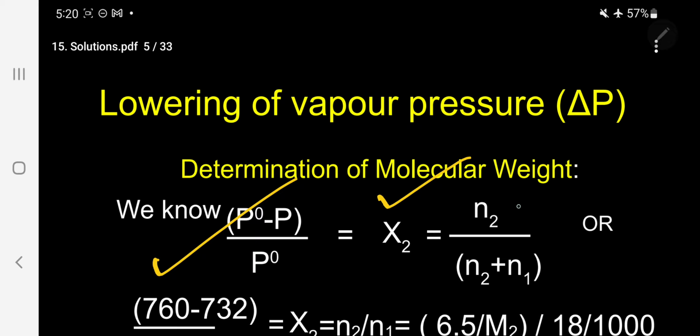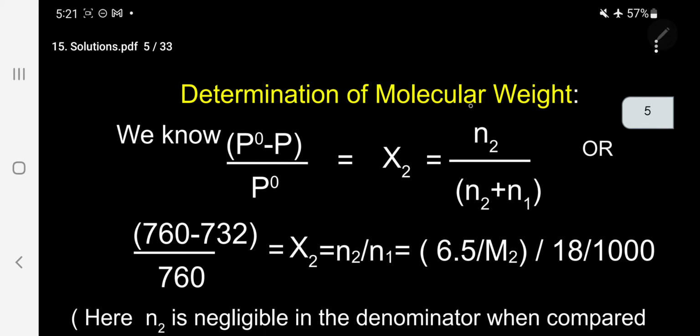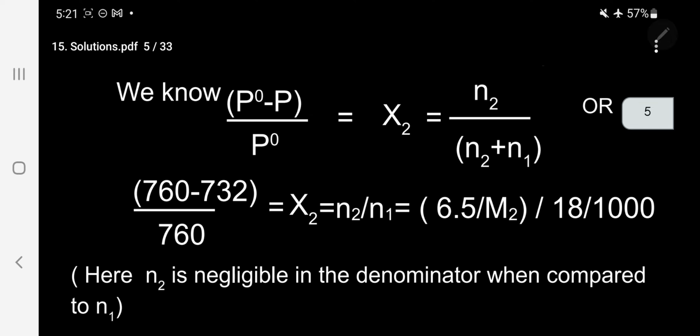We know the definition from the first unit itself: n2 by n2 plus n1. n2 is, conventionally, the number of moles of solute, n1 the number of moles of solvent. For our convenience, we neglect n2 in the denominator when compared to n1, because the value is very, very small.